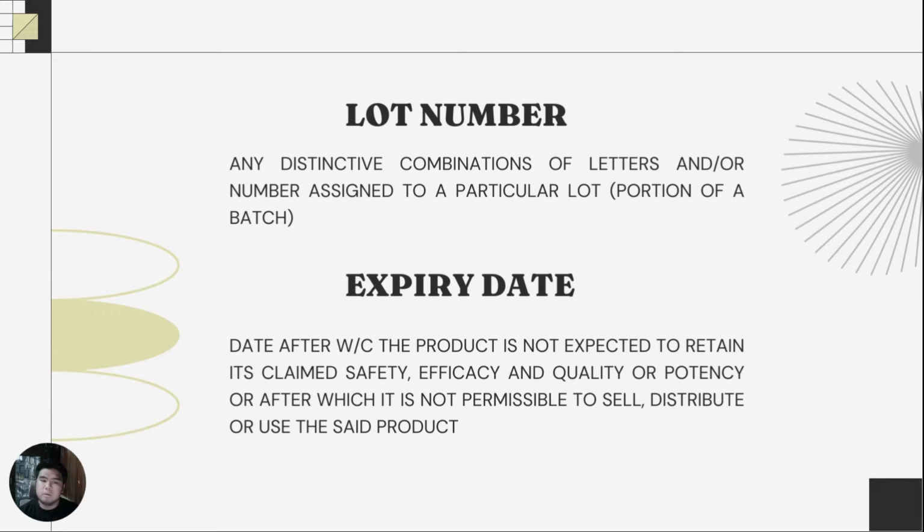Next, the lot number. Any distinctive combinations of letters and or number assigned to a particular lot portion of the batch. So, the batch number, that is the bigger one, while the lot number is like, when we say the lot number, this is the exact number of the product.